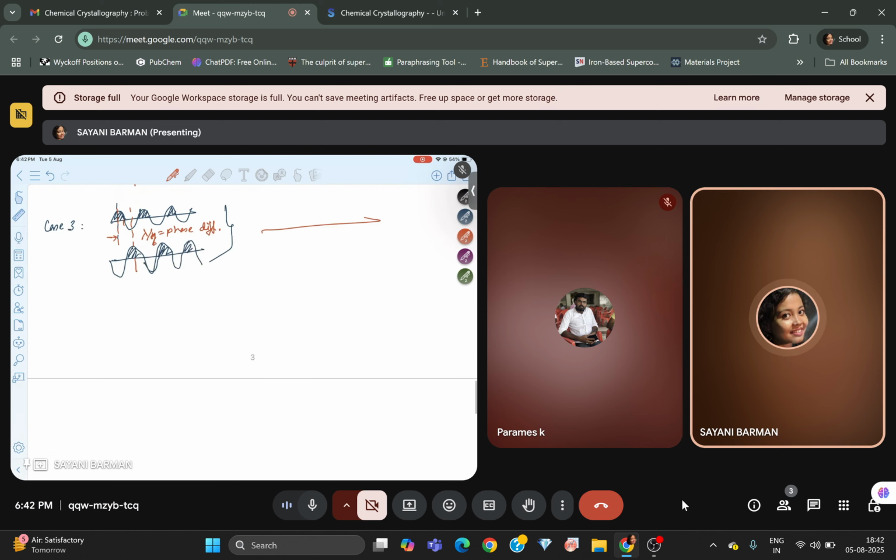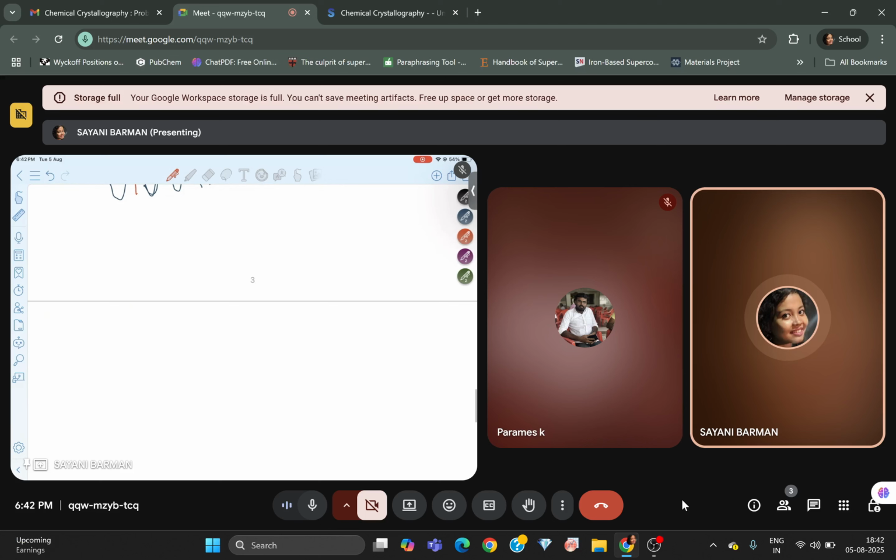Now in the diffraction of light, which will eventually give you the Bragg's law. First we'll discuss the Laue equation, which is very important, then the Bragg's law. The wavelength of X-rays is, as I previously told, comparable to the interatomic separation in 3D crystals, like 2 to 3 Angstrom.